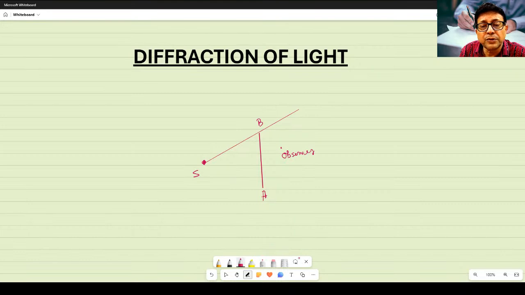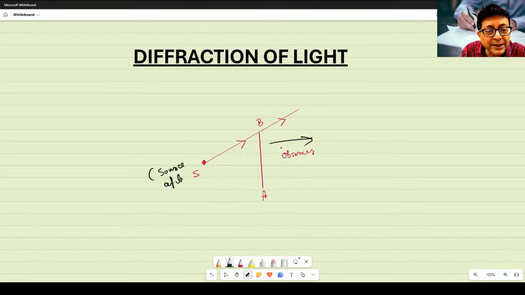This is the obstacle. Similarly, if you keep a source of light here, and if light follows a straight line path, then in this region on the other side of the obstacle where the observer is situated, this portion is expected to be dark.